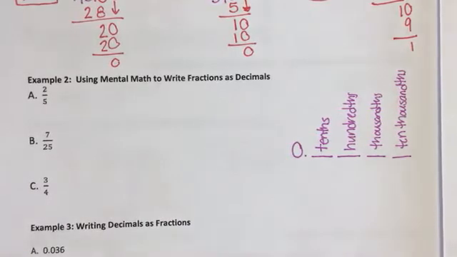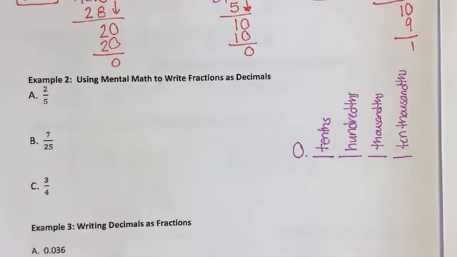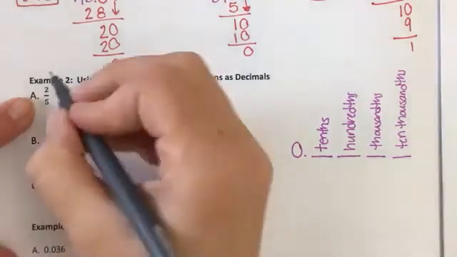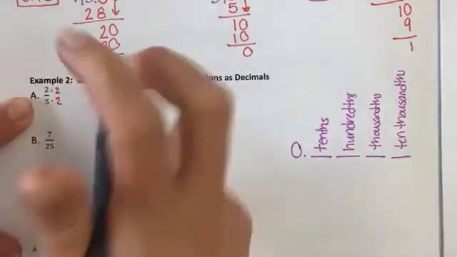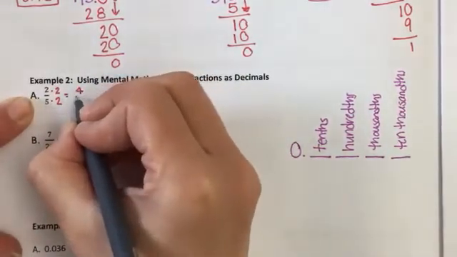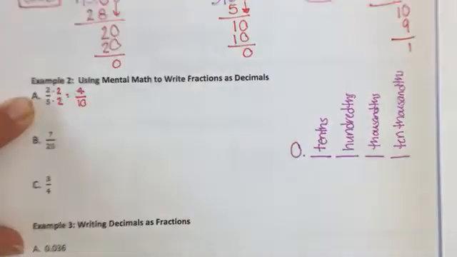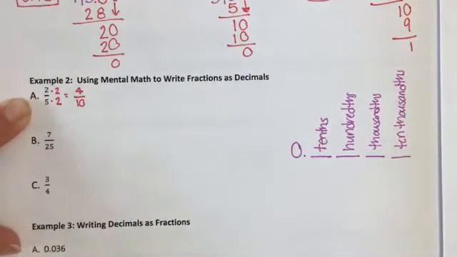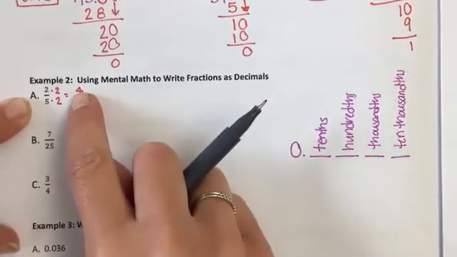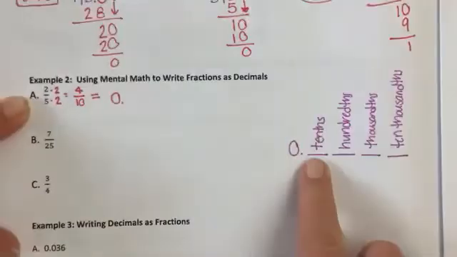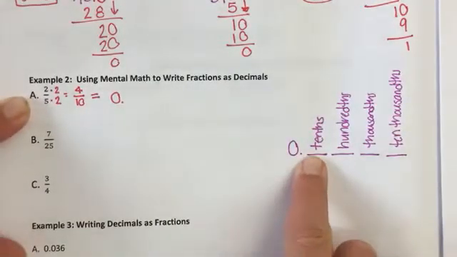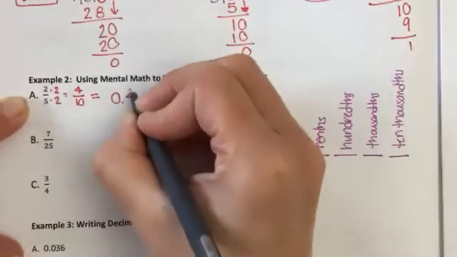So for example, when I peek at this, I go, okay, if I multiply 2/5 times 2, this gives me 4/10. It's an equivalent fraction, just like we did in section 2.9. So because it's 4/10, I know that as a decimal, the 4 is going to go in the tenths place, and that's my answer.